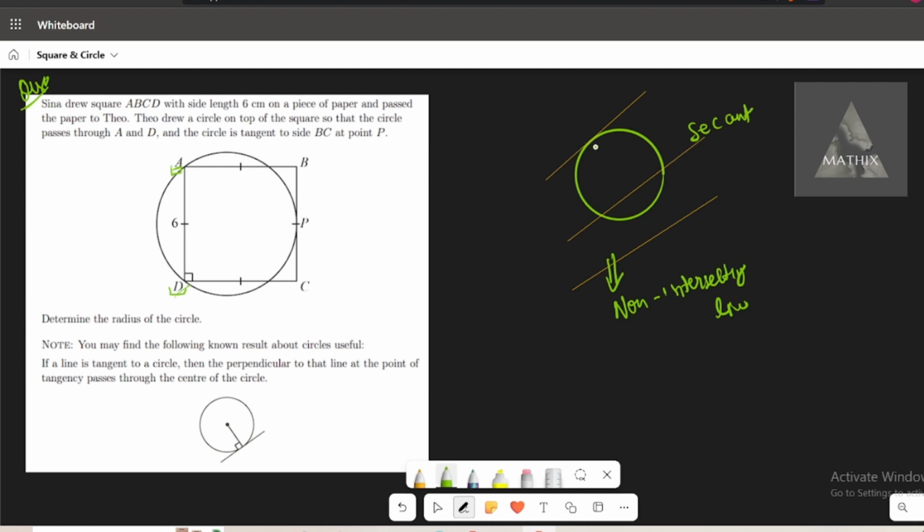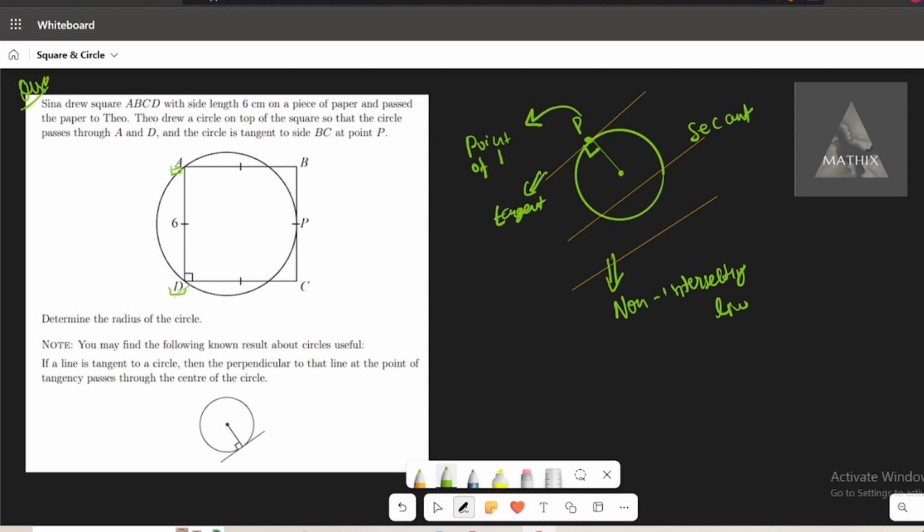And this is the line which touches the circle at only one point, like this point P. This is called a tangent, and the property of a tangent is that the radius drawn at the point of tangency is perpendicular to the tangent line. This point is known as the point of tangency.